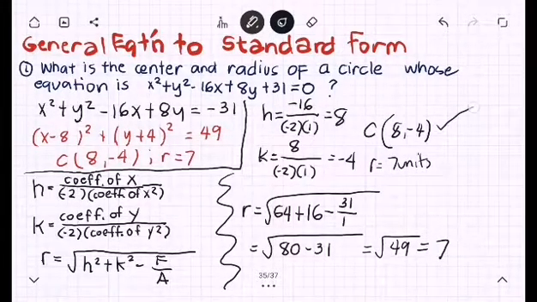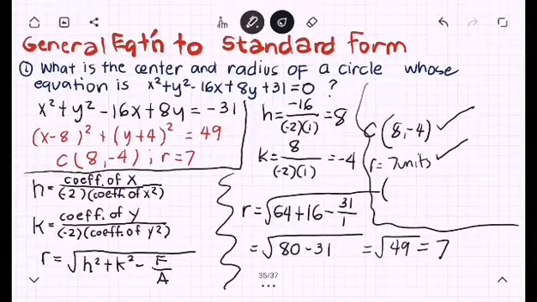Okay, so meron na tayong center, meron na kaagad tayong radius. So ngayon, pwede rin nating sagutan dito yung standard form. Kasi alam natin na kapag ganyan yung question, magkakapatid yung tanong na yan.